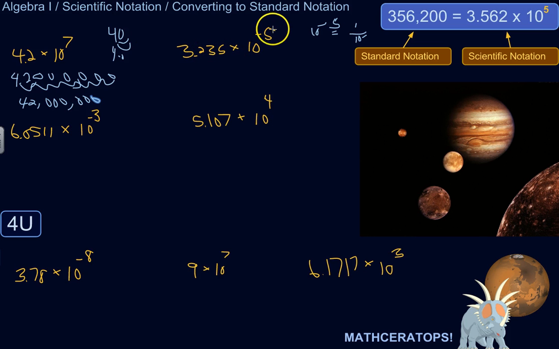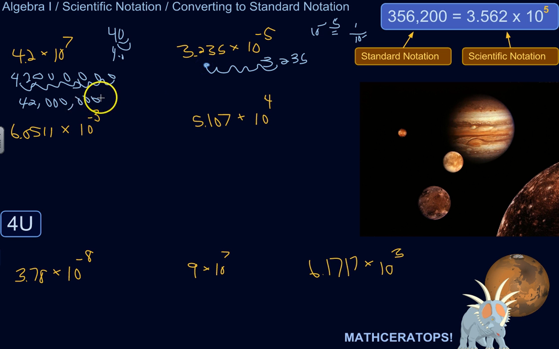3.235 times 10 to the negative fifth. Now, this means we're dividing by 10 to the fifth. So we'll rewrite this, 3.235. Since it's negative, meaning we're dividing, we'll move the decimal to the left. So 5 places to the left. 1, 2, 3, 4, 5.